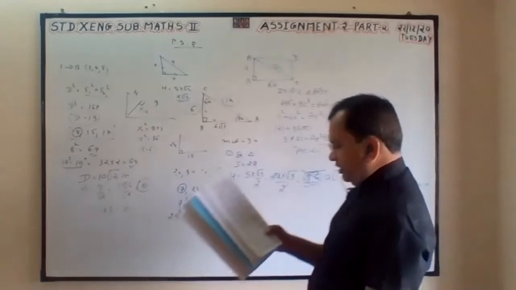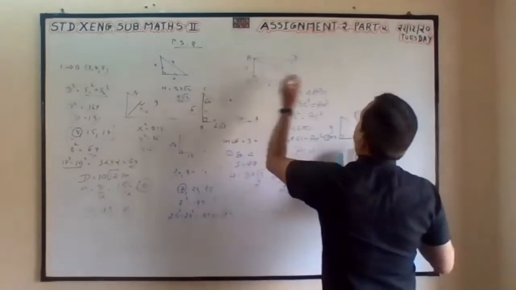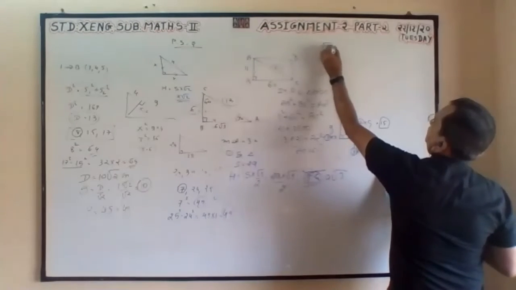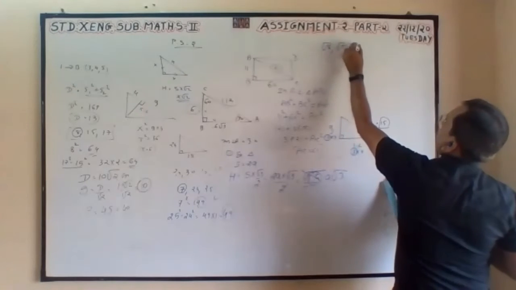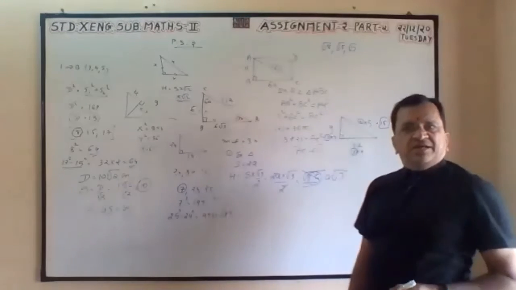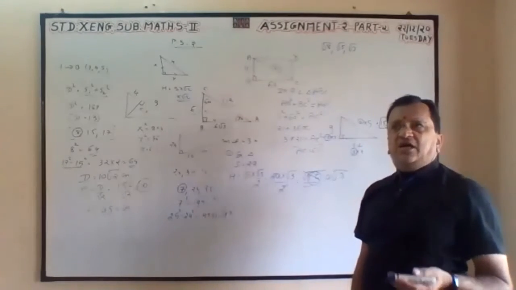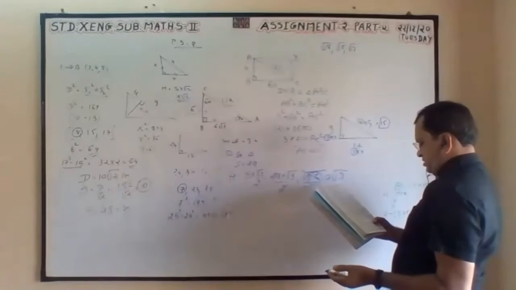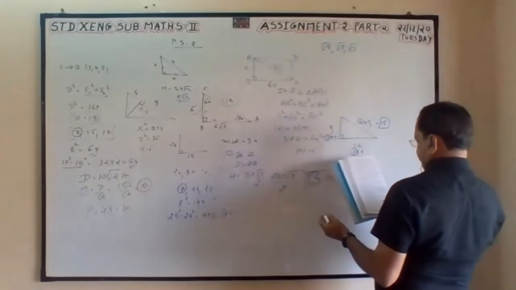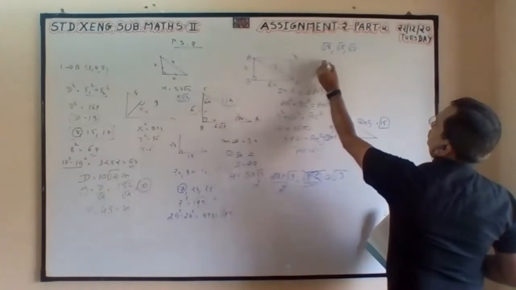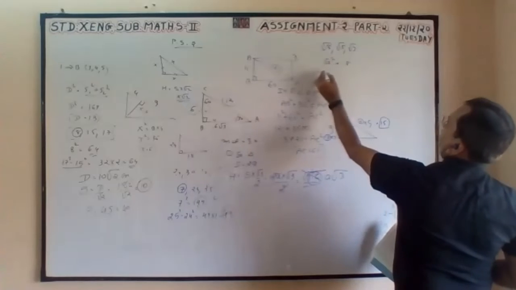Root 5, root 8, root 3. Three numbers are given. Is it a right angle triangle or not? Root 8 square is equal to 8.